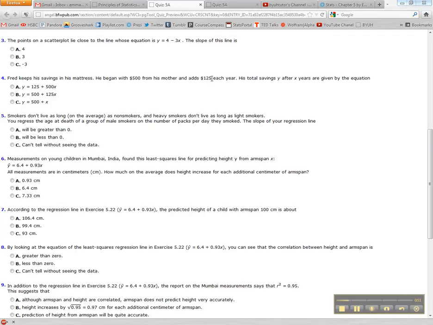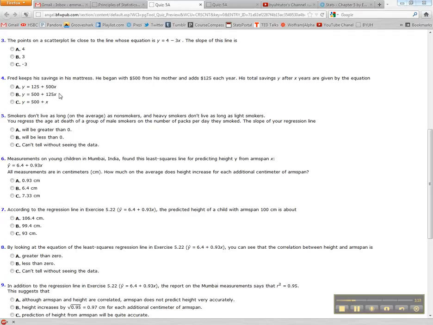And if we multiply 125 by the number of years that he's accumulating, so 125 times 1 year, 125 times 2 years, plus the initial 500, then you can get that the formula is 500 plus 125x, right? For every year that passes, he adds another 125 and then another 125.